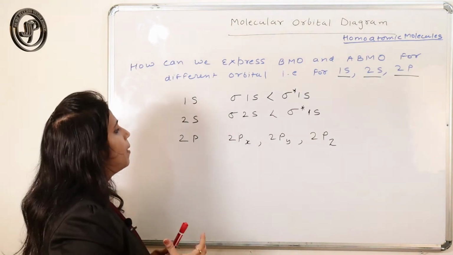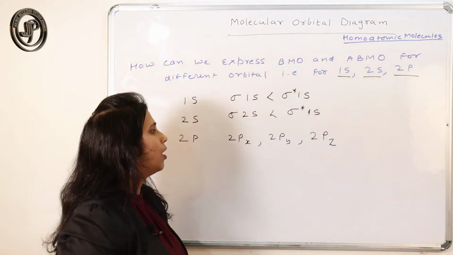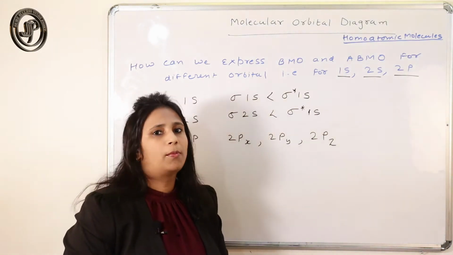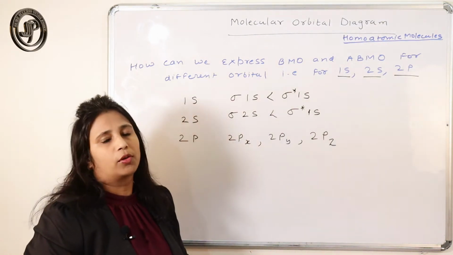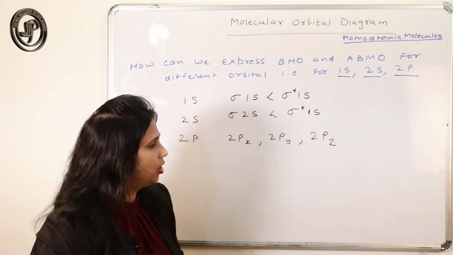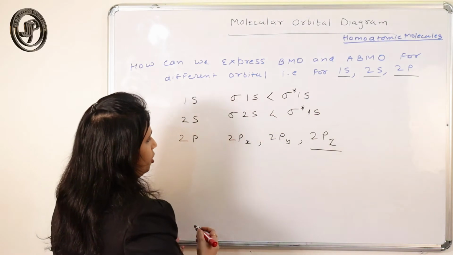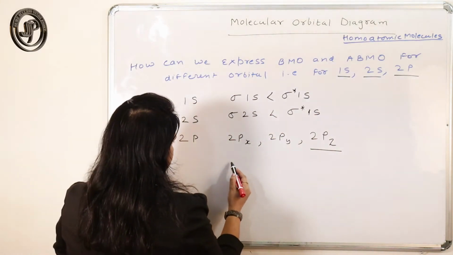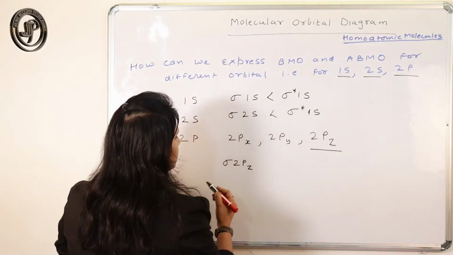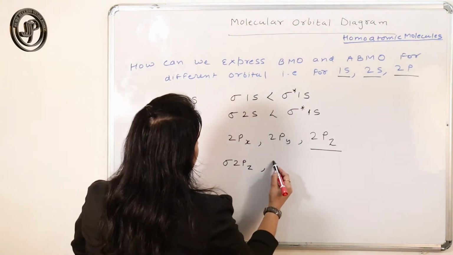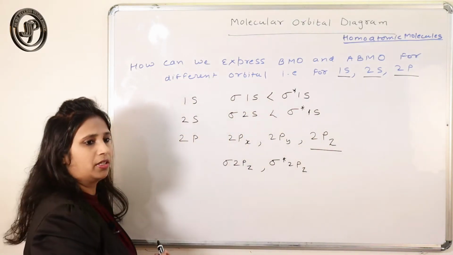By convention, we assume that the 2pz orbital undergoes sigma bond formation and 2px and 2py undergo pi bond formation. If it forms a sigma bond, it forms sigma 2pz as the bonding and sigma star 2pz as anti-bonding.